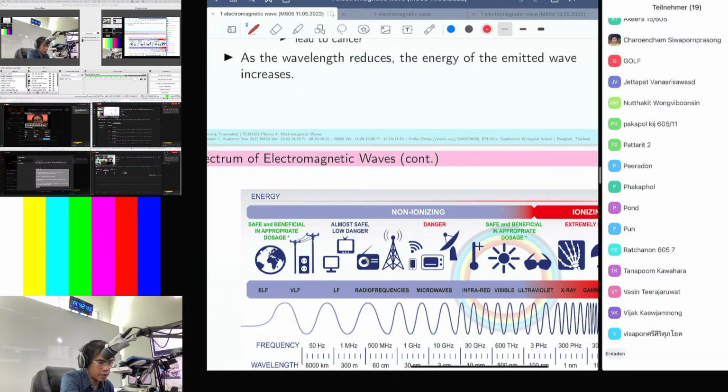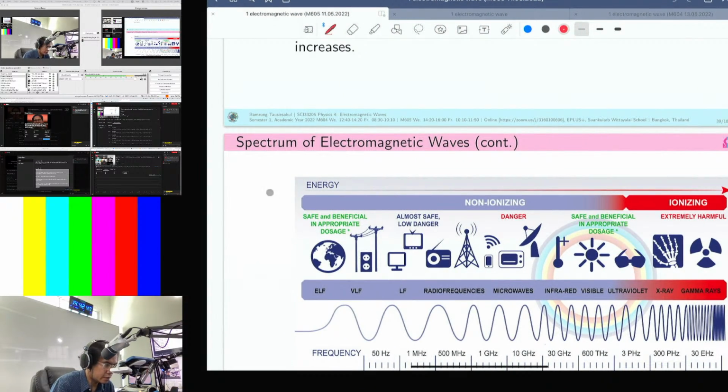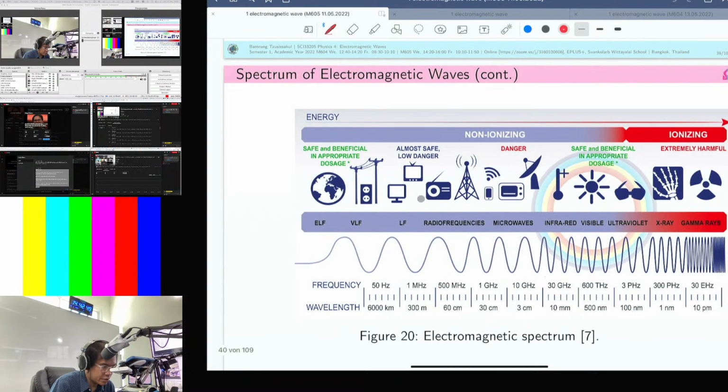Here you have a big picture of the electromagnetic wave in terms of frequency band, wavelength, and so on. You have the scale of frequency almost at the end, and you have at the end the wavelength, starting from the very long wavelength to a very short wavelength.